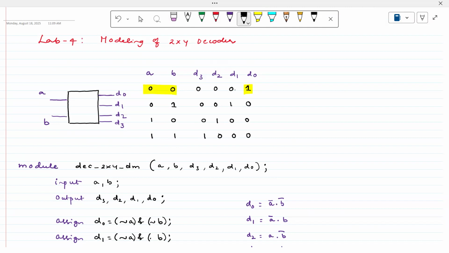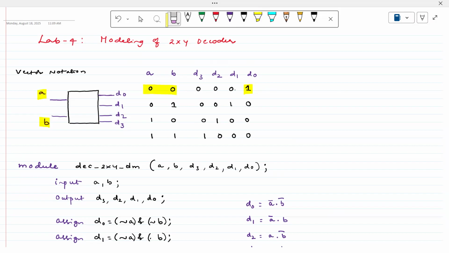What is this vector notation? Whenever you give individual lines like this, it is called scalar notation.